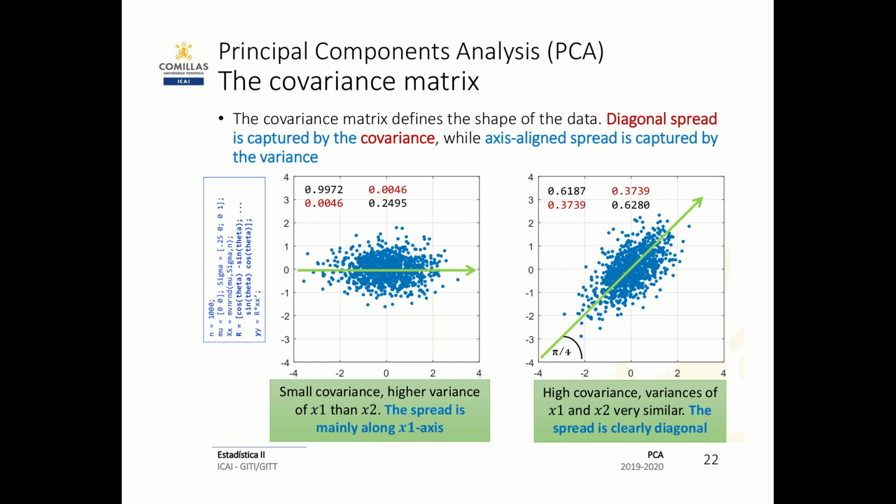And if we want to recover the variability of x1 and x2, or this x1 prime that goes in this direction and x2 prime that goes in this direction, then what we need is to compute the eigenvalues of the covariance matrix.